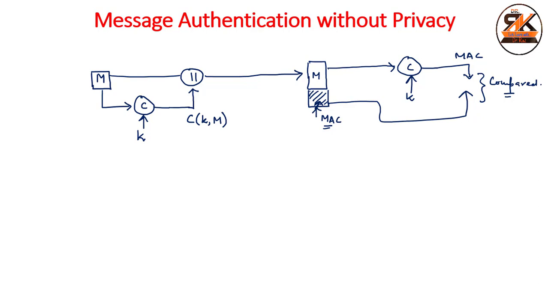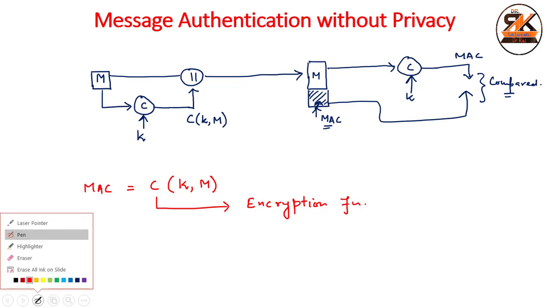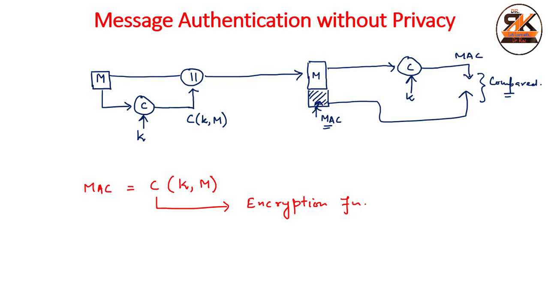So mathematically we can write MAC as C, that is your function to calculate the MAC using key K over message M, where C is similar to your encryption function. And like the encryption function, this C need not be reversible, which means that it is a one-way function.